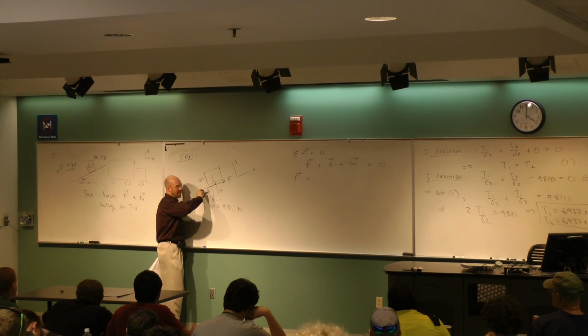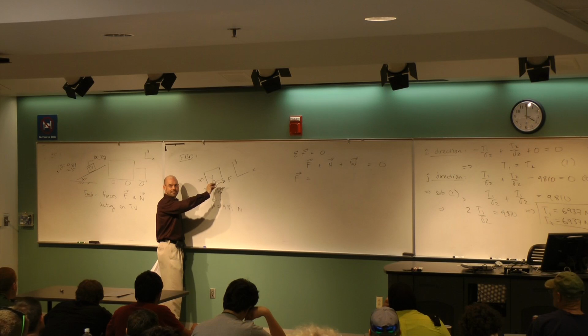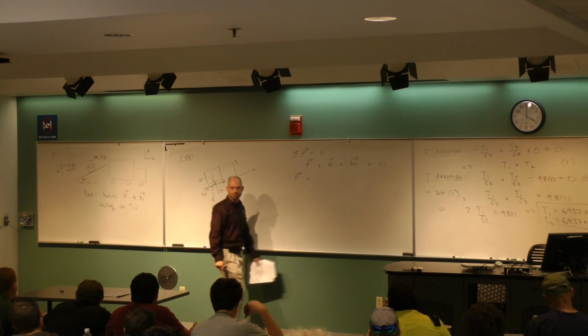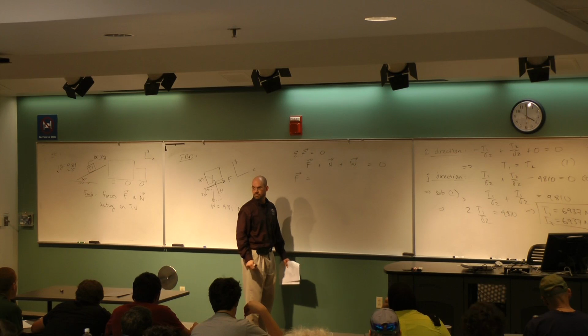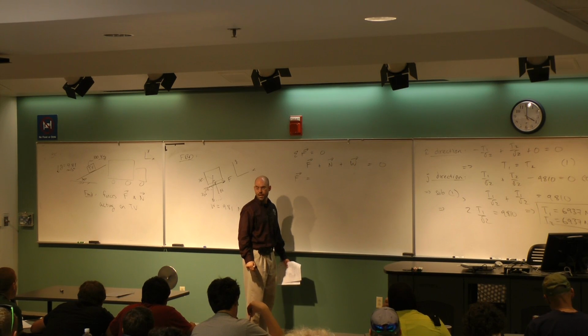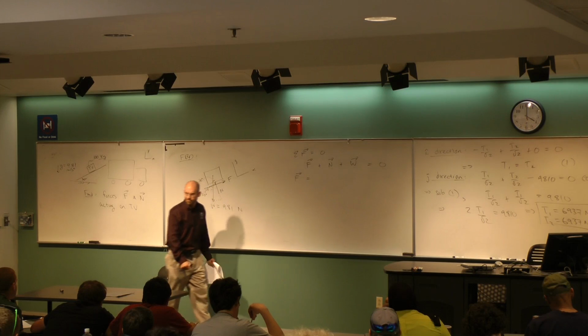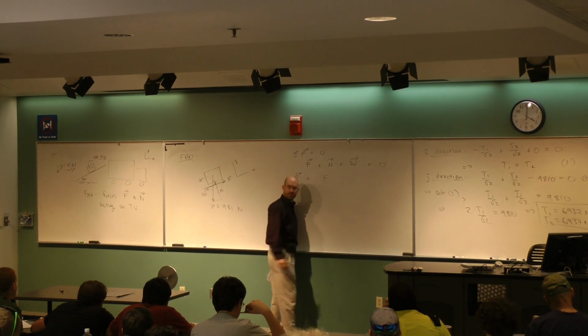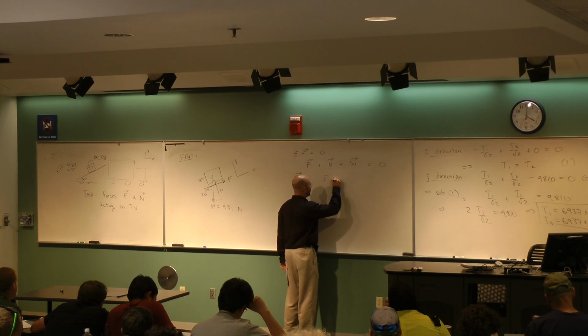It's a force of magnitude F in the x direction. How do I write that down with i's and j's? F is the magnitude. X direction is i.